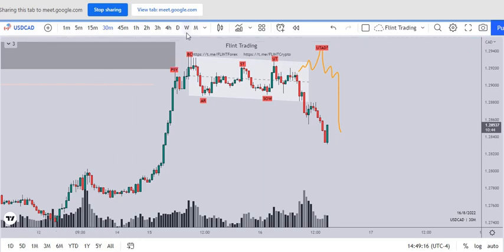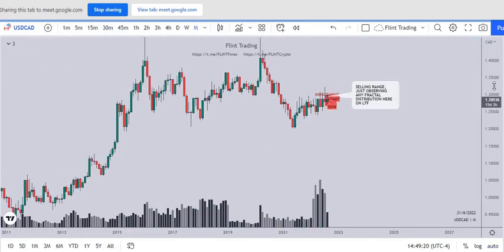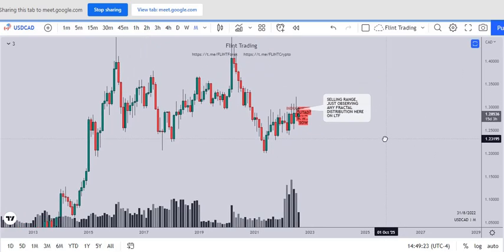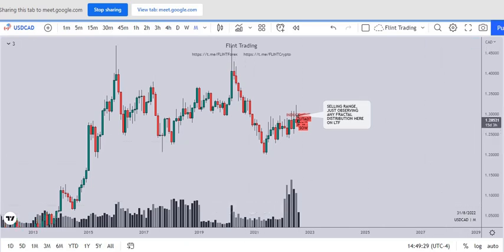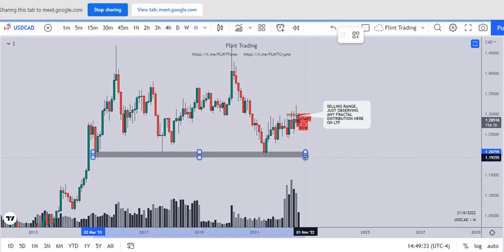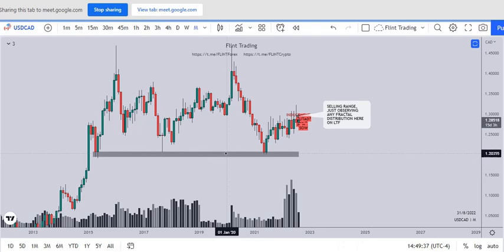Talking about USDCAD, let me go all the way to monthly. The first thing you can see right there is this trading retail support. The structure was broken, price was coming downside.